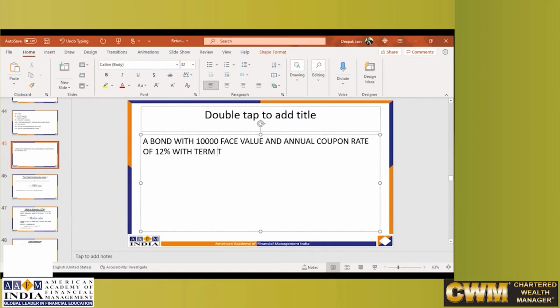This is called term to maturity, the remaining life of the bond. Market rate of interest is 10% per annum.